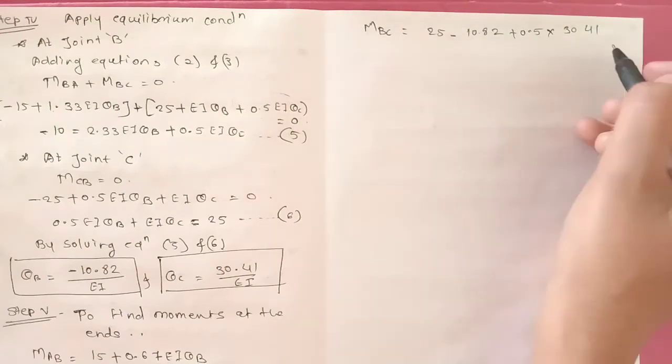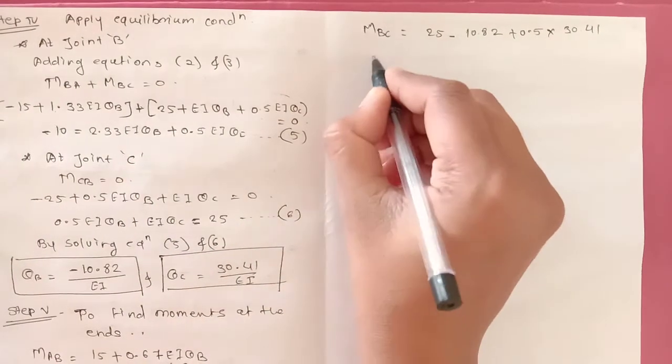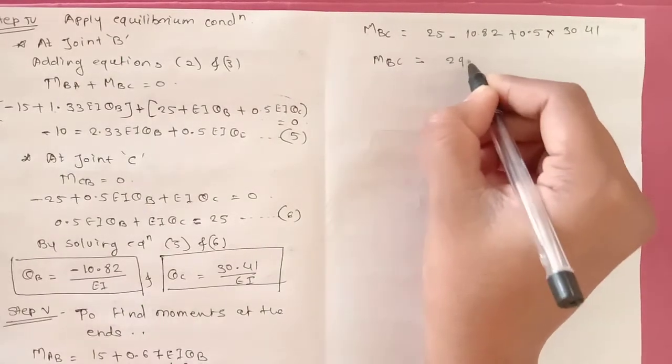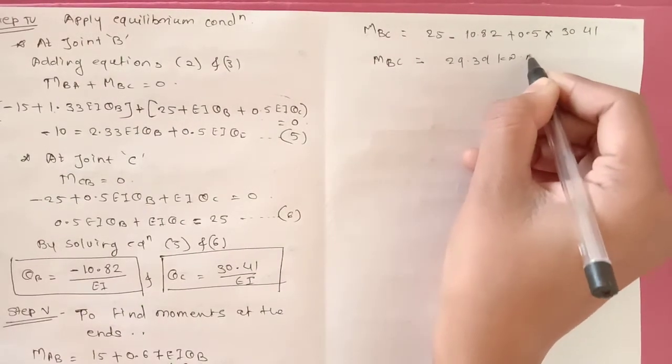Okay, so from these calculations we get the end moment for member BC as 29.39 kilonewton meter.